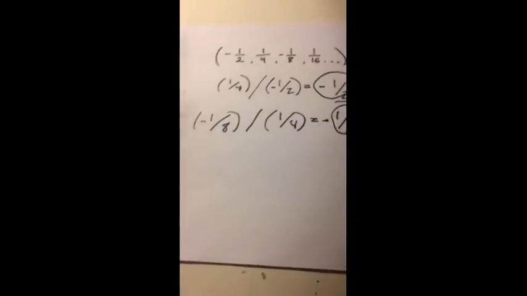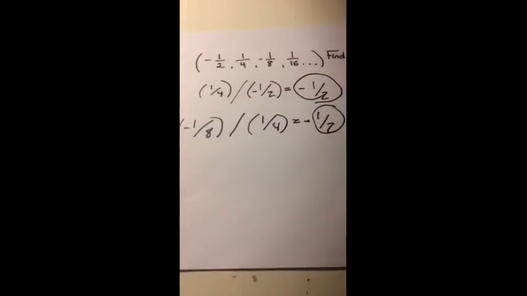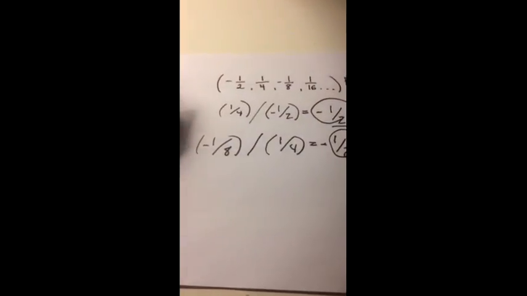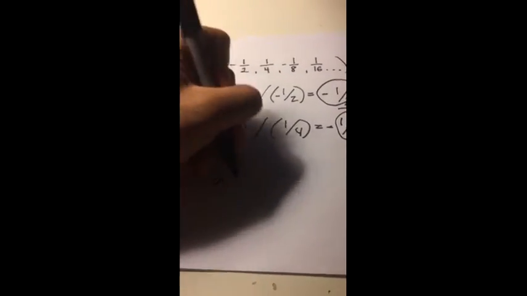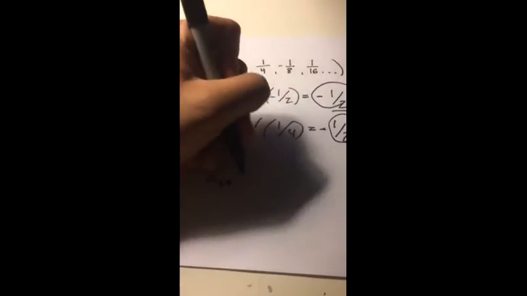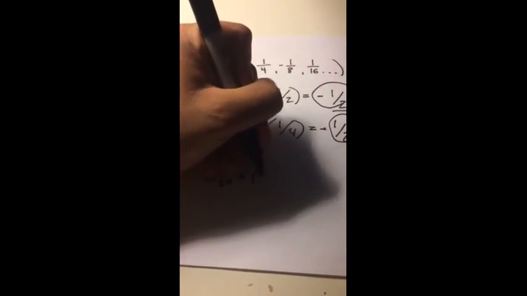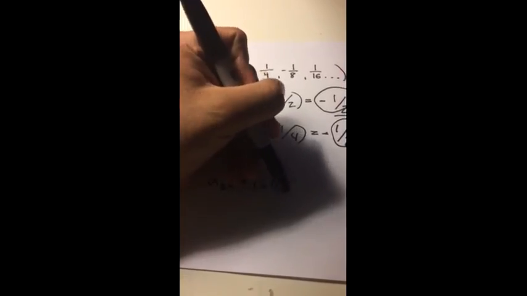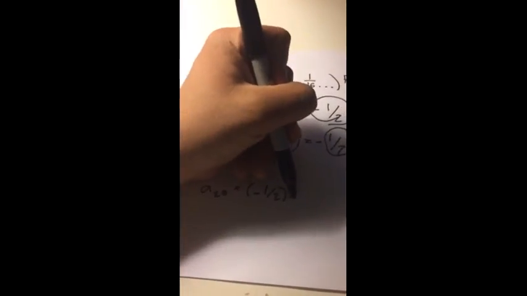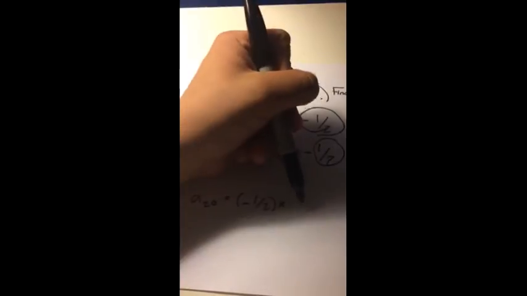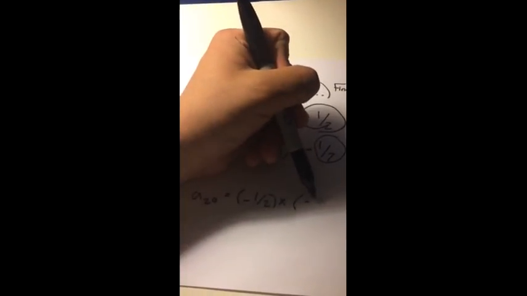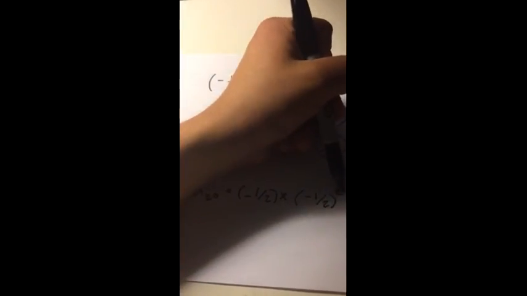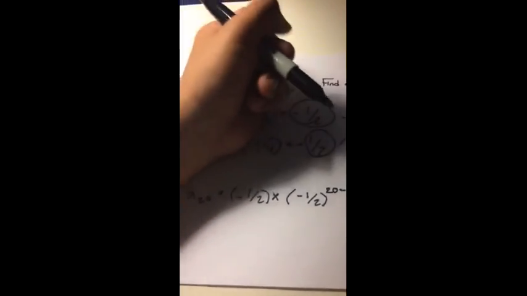Alright, so let's plug in all the information that we have so far into our geometric sequence formula. So, a sub 20 will be equal to negative 1/2 times our common ratio, negative 1/2, to the 20 minus 1 power.